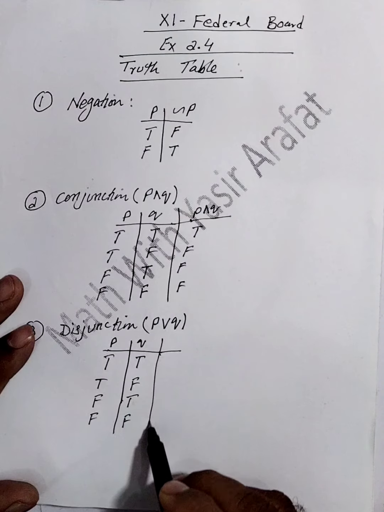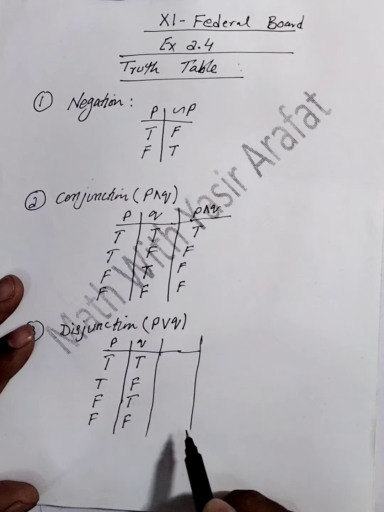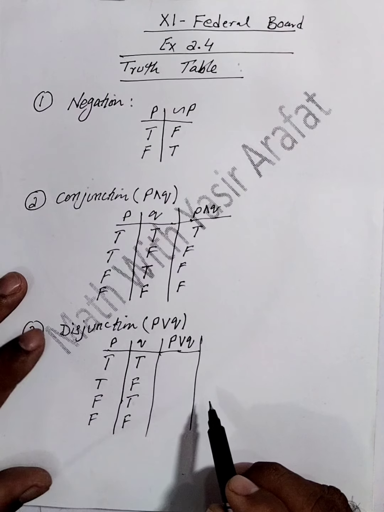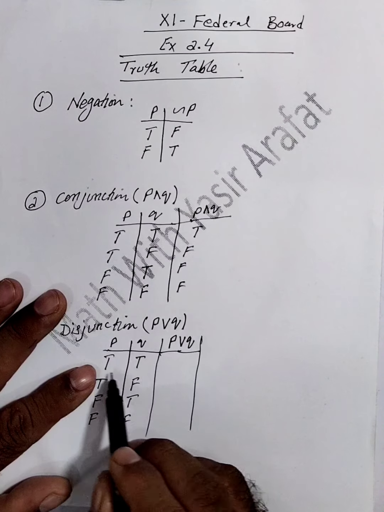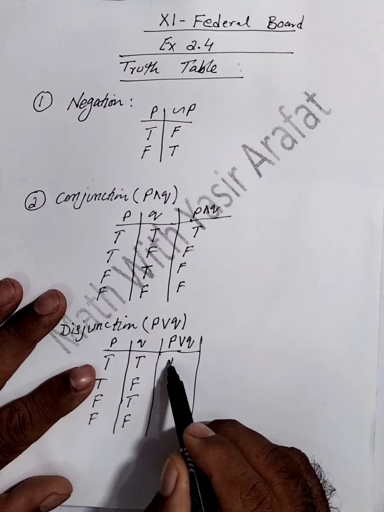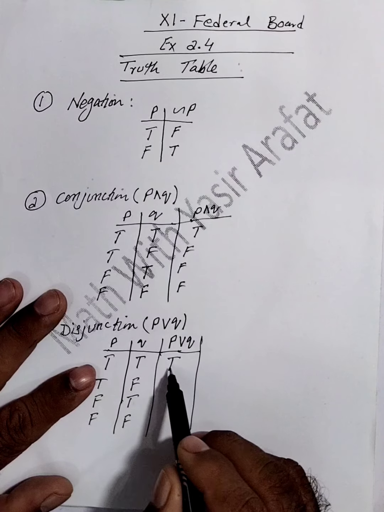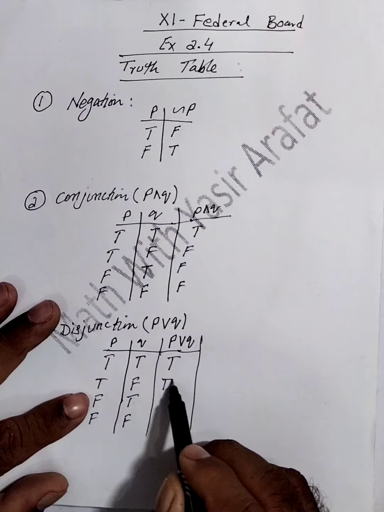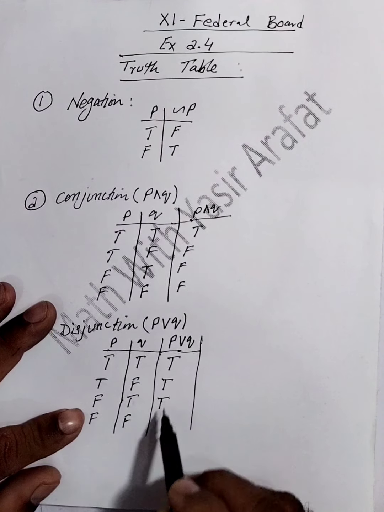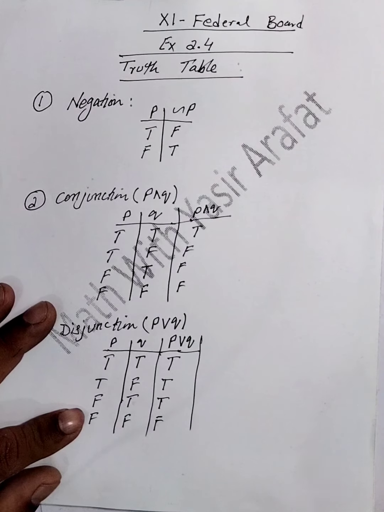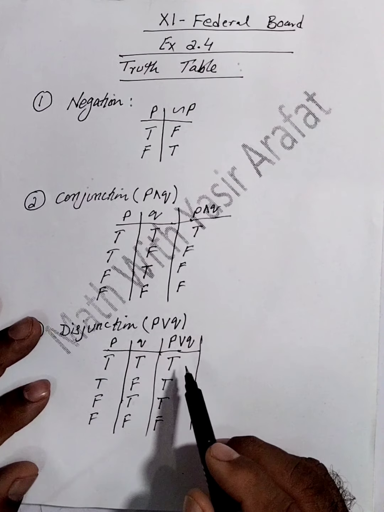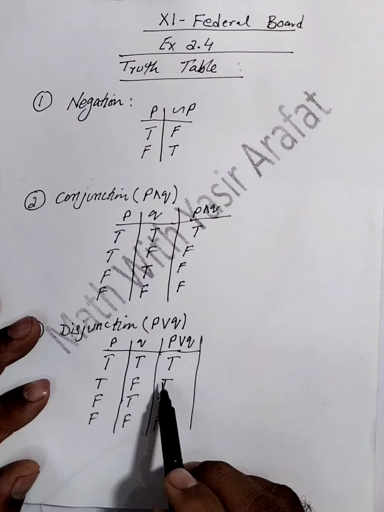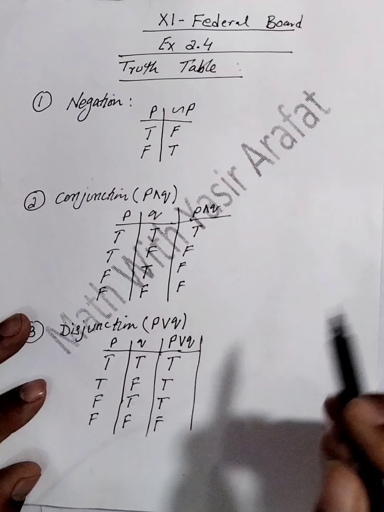Now the disjunction statement P or Q will be true if one of them, P or Q, is true. So true false is true, false true is true, and the remaining is false. So if one of the statements is true, then the disjunction statement will be true.